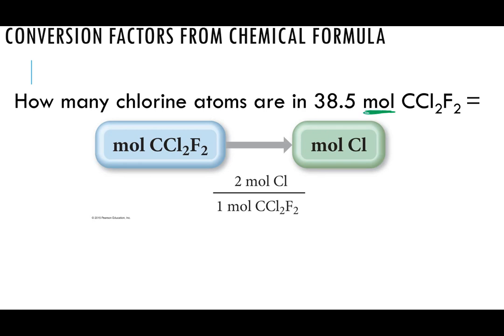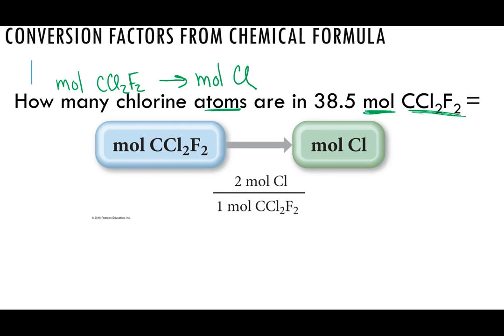We're in Mole Town. So I want to know how many chlorine atoms are in 38.5 moles of this compound. So to do this, we're going to have to go from moles of the compound to moles of individual chlorine.